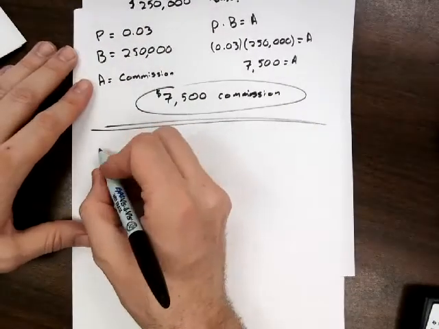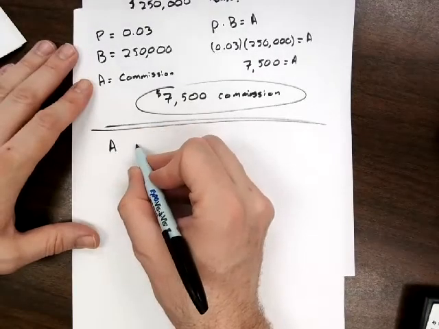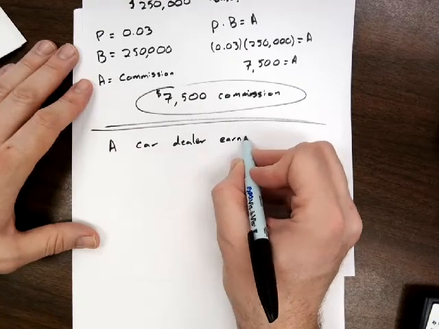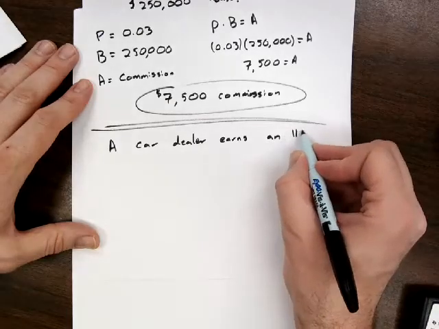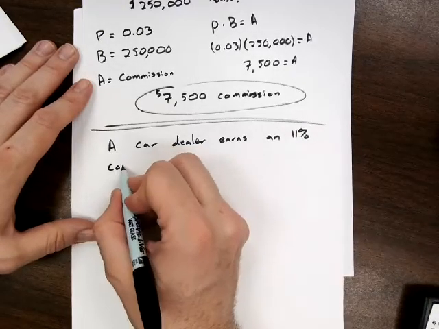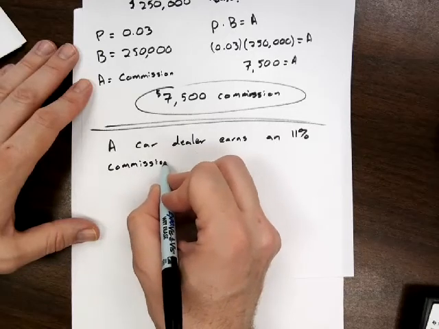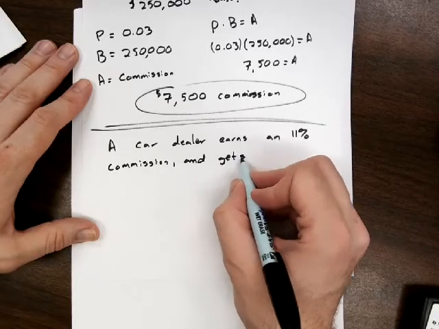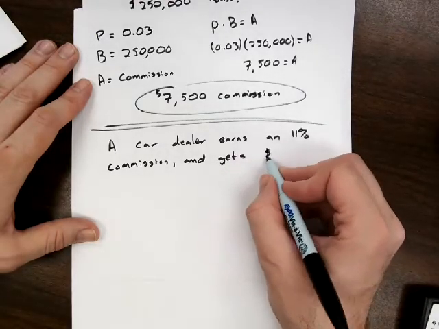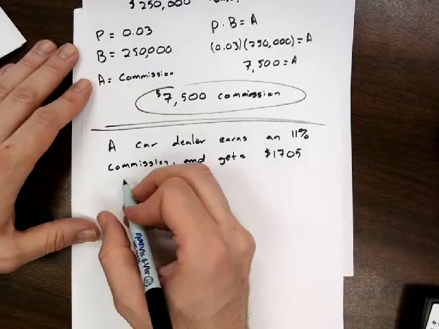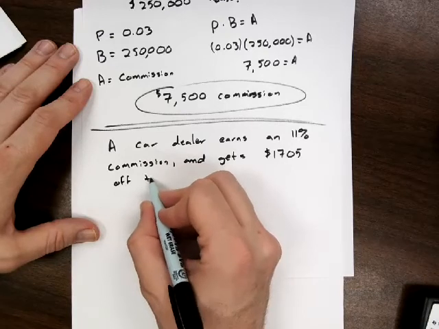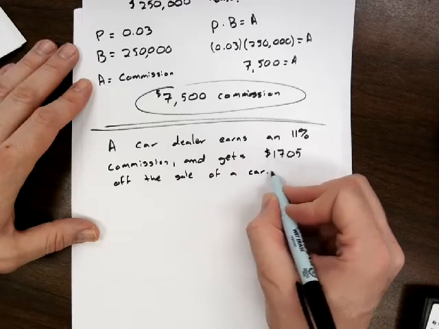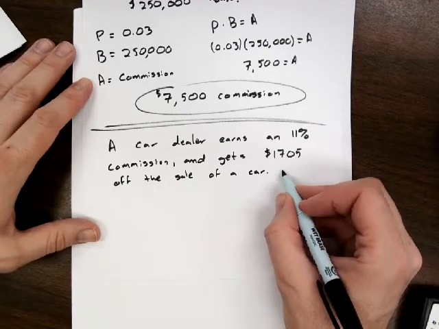Let's say that a car dealer earns an 11% commission and gets $1,705 off the sale of a car. What was the purchase price of the car?